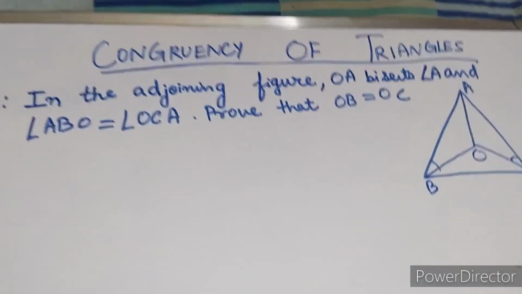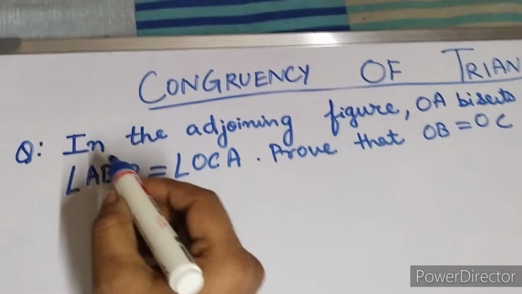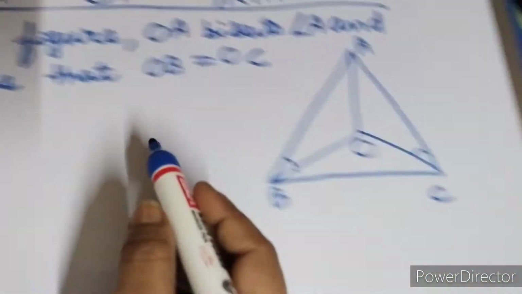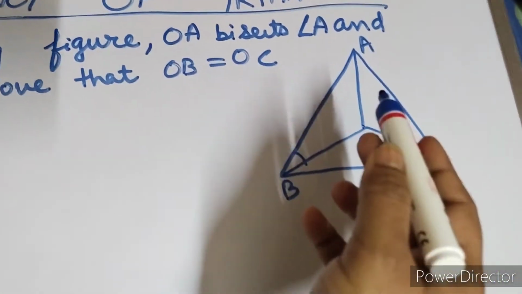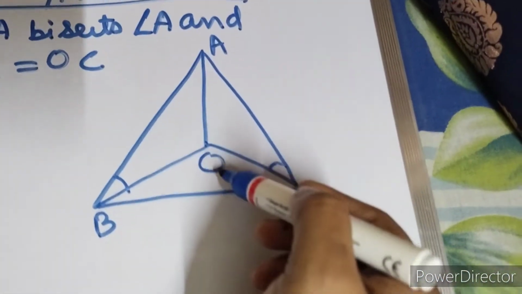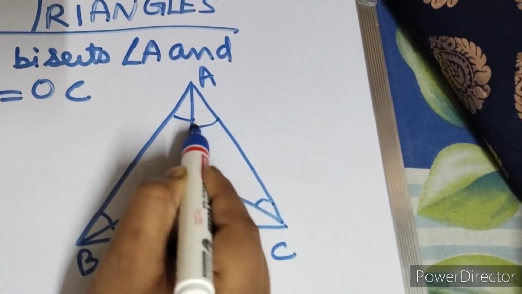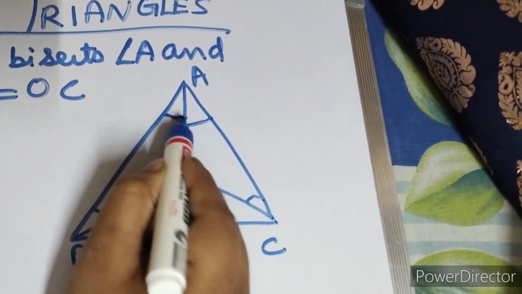Okay, so let us now solve one problem. The problem is, in the adjoining figure, see this is the figure, OA bisects angle A. So this is OA, it bisects angle A, that means these two angles will be equal, isn't it?